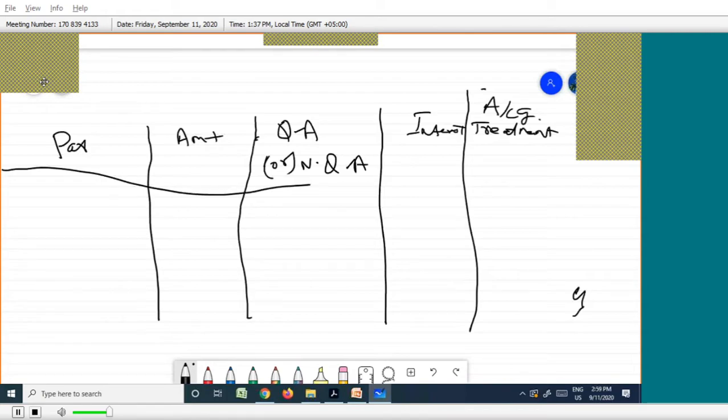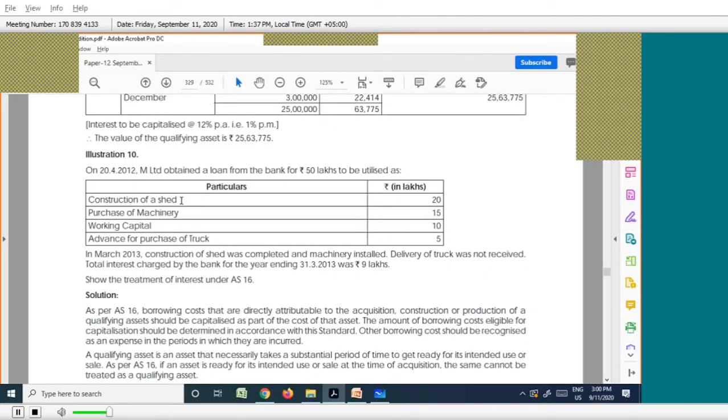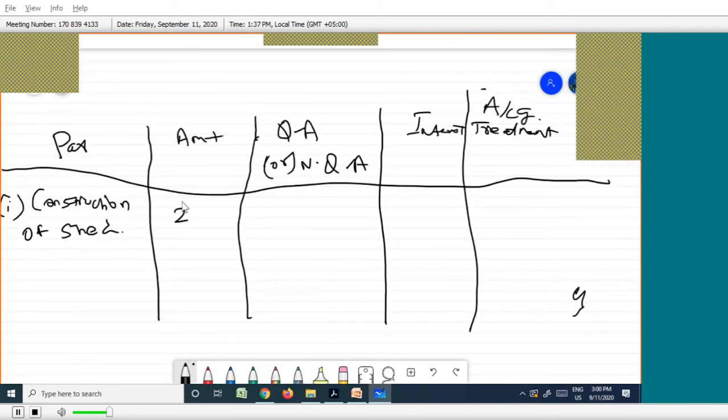What is the first item? The first item is construction of shed. Amount is how much? 20 lakhs.